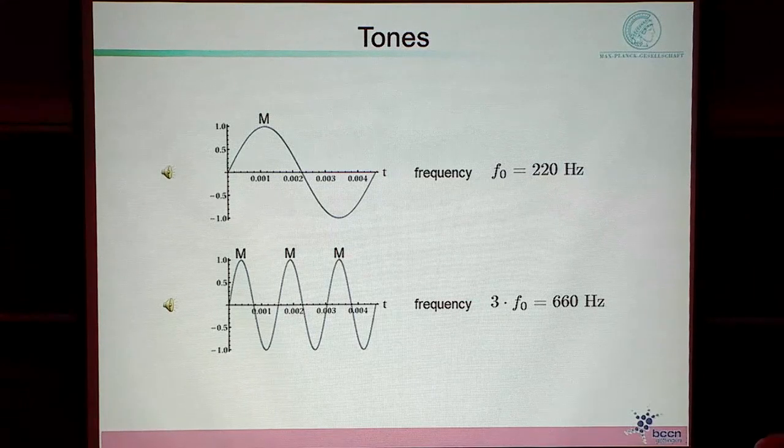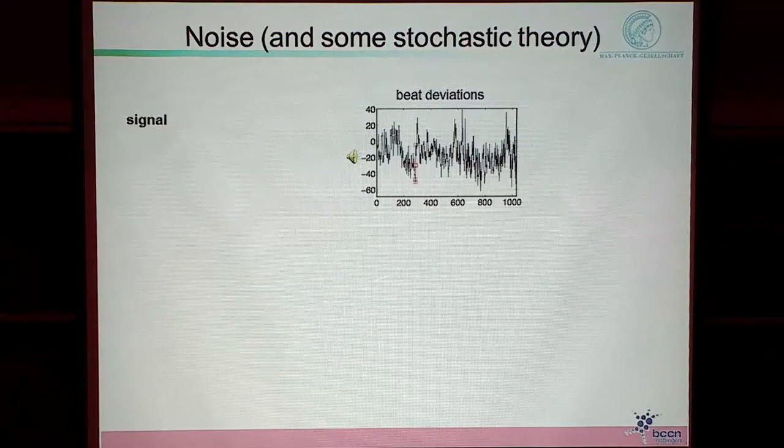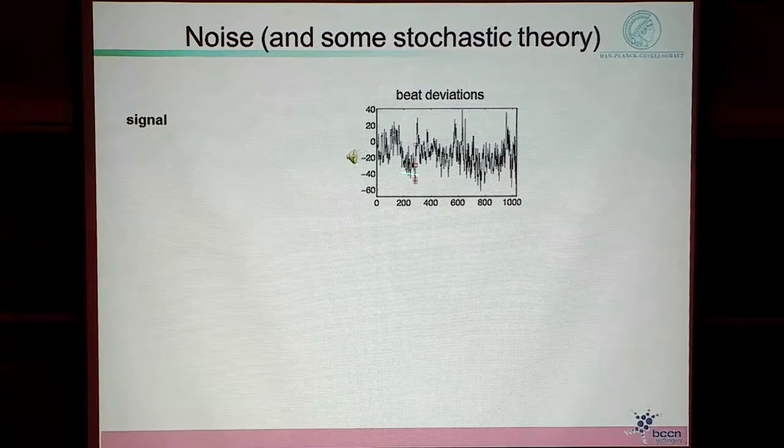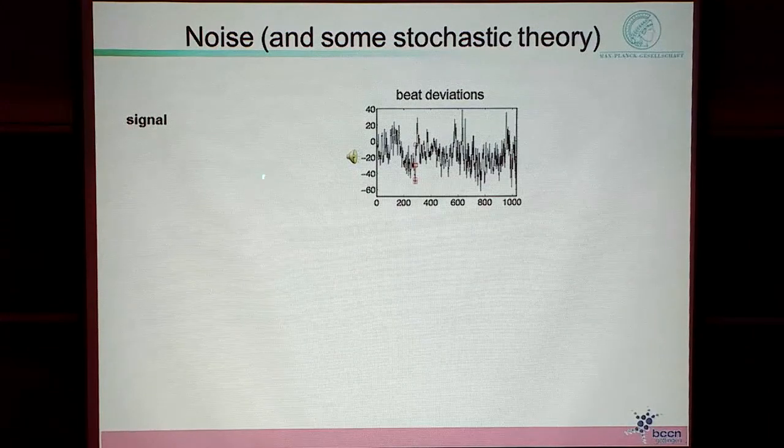But here we are not dealing with tones. We are dealing with random events, random signals. There is a theory called stochastic theory, which deals with such random signals, and they're also called noise. Why are they called noise?